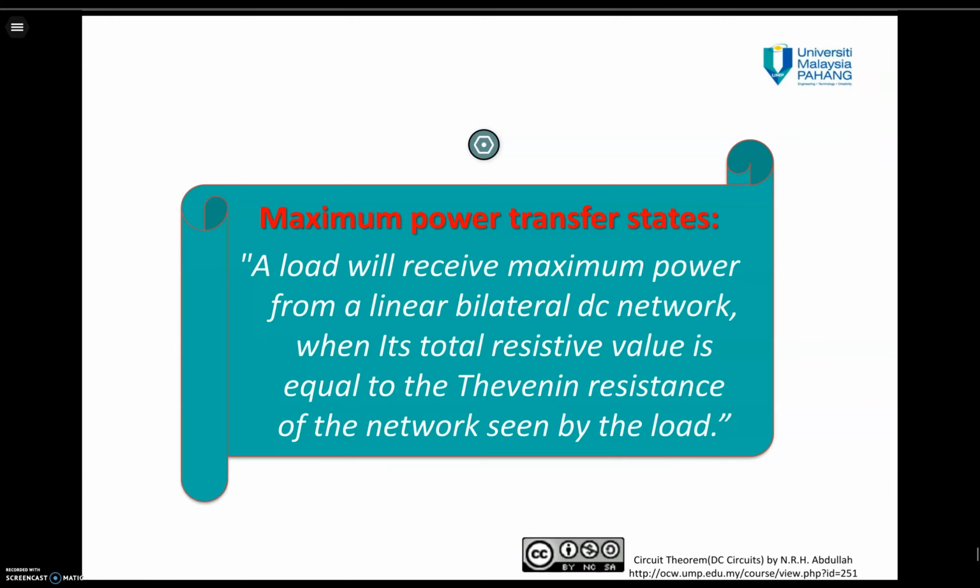Maximum power transfer states a load will receive maximum power from a linear bilateral DC network when its total resistive value is equal to the Thevenin resistance of the network seen by the load. The keyword will be total resistance value equal to the Thevenin resistance of the network seen by the load.